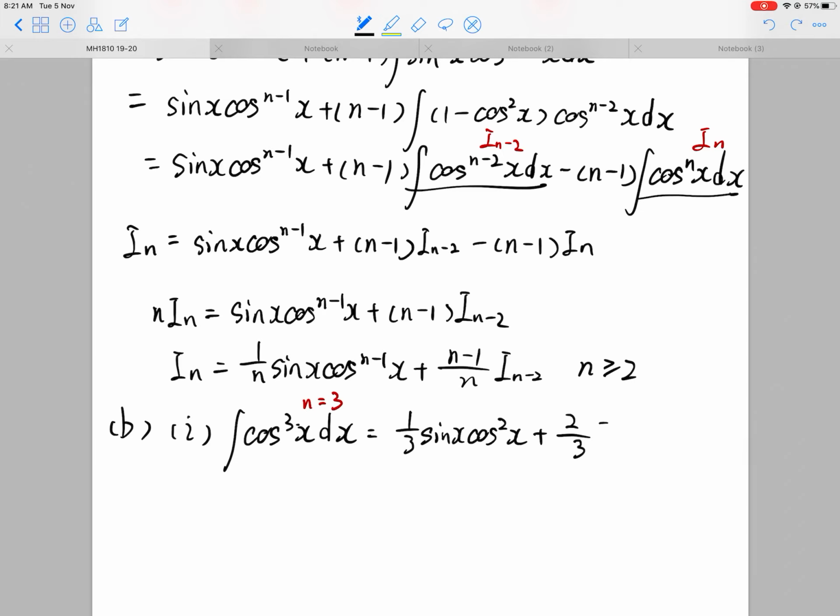What is I_1? I_1 is just the integration of cosine x. So with the aid of the formula, we can write down the answer quickly.